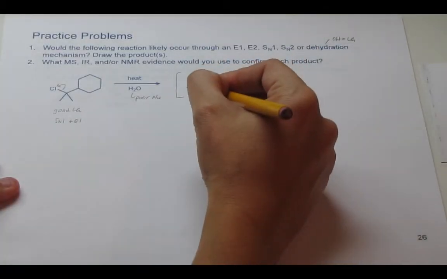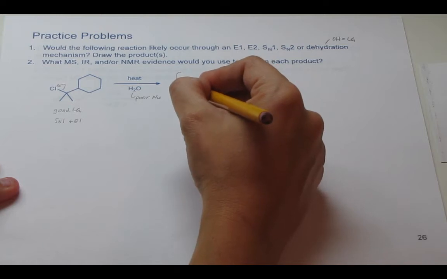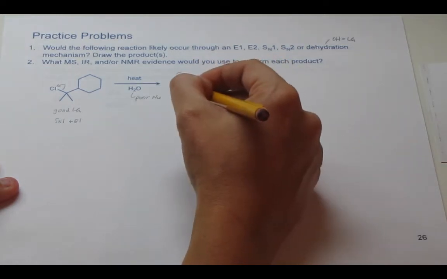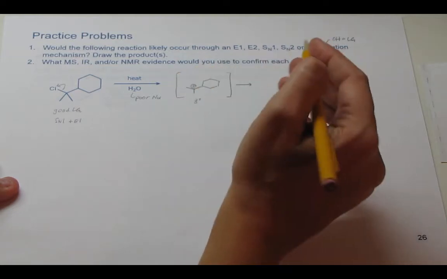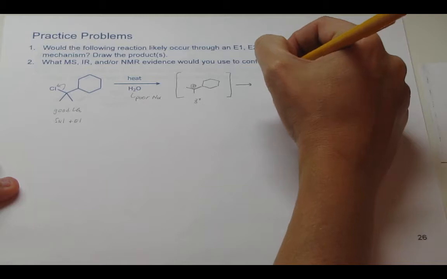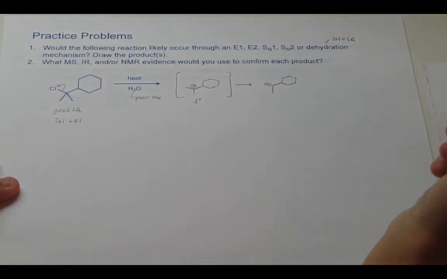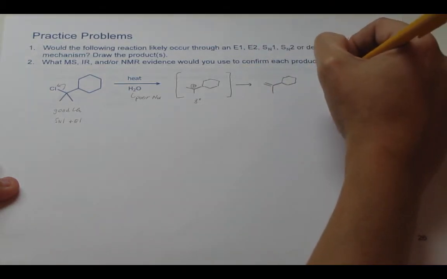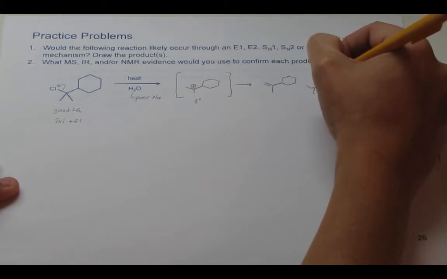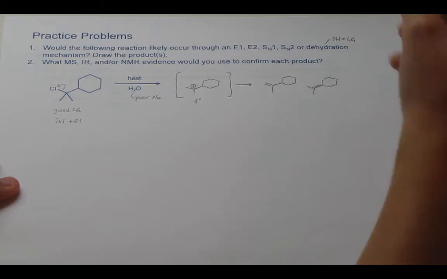And so for E1, we're looking at the beta hydrogens, and we have beta hydrogens at these two carbons in here. So we can get the alkene on the outside or the inside. So that's the alkene on the outside. This is the alkene on the inside.